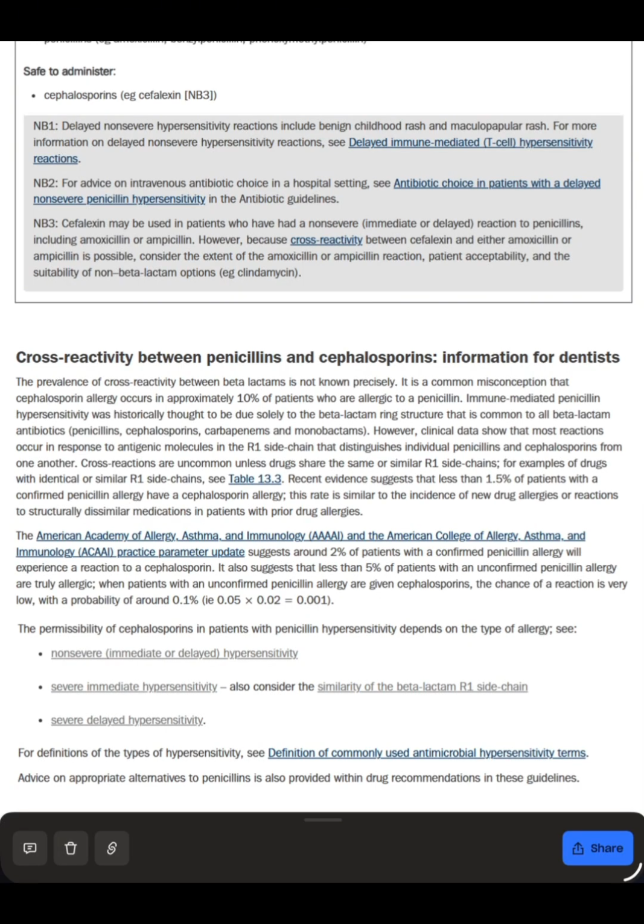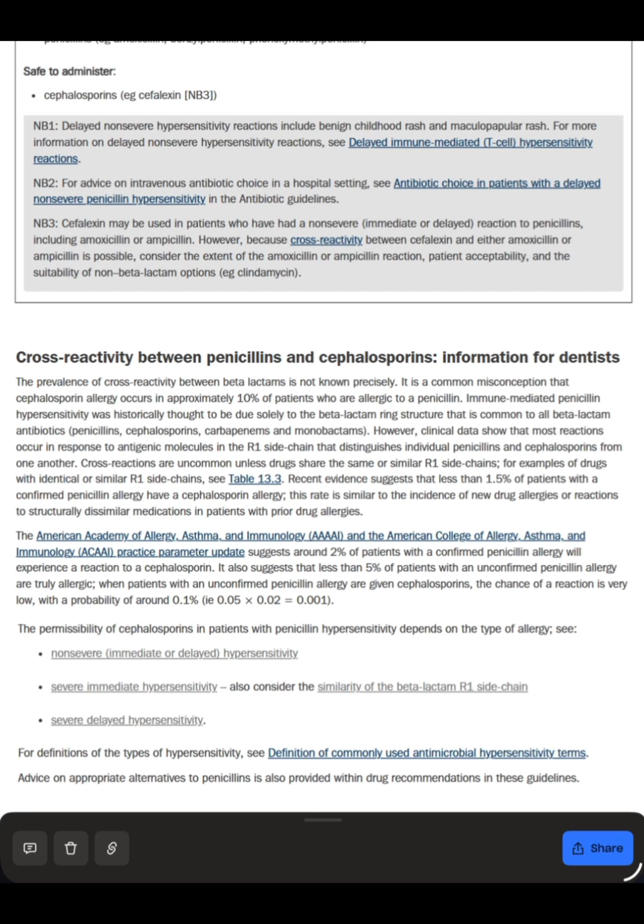However, clinical data show that most reactions occur in response to antigenic molecules in the R1 side chains that distinguish individual penicillins and cephalosporins from one another. So there are actually R1 side chains which distinguish between penicillin and cephalosporin.